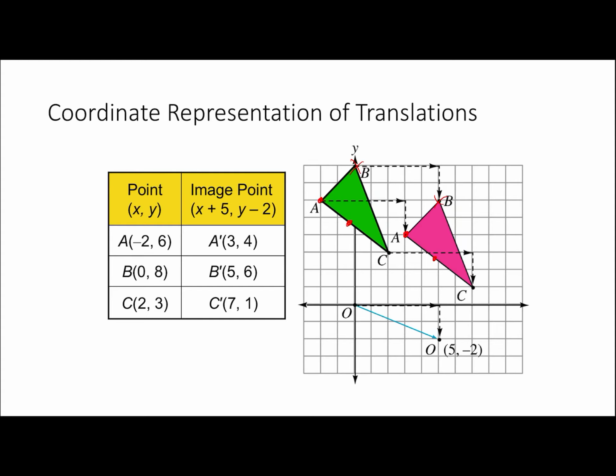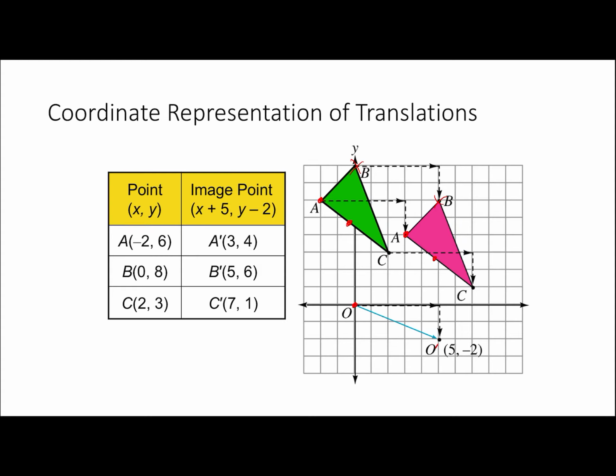So, if you look at point O, this point here at the origin, if we're going to move an image along the line from point O to, we'll call this O prime, we need to think about how I move point O to point O prime.